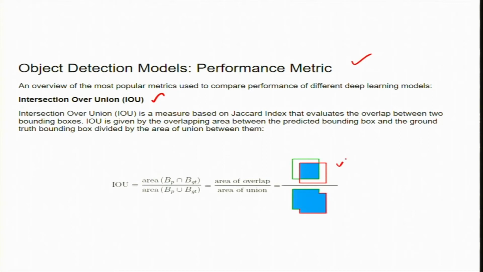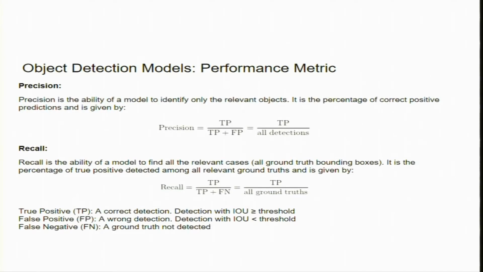Here you can see through the example that intersection over union is the area of the overlap, shown here, divided by the area of the union. With intersection over union, you have to decide the overlapping area to be fixed, so that the bounding box fits well with the object.